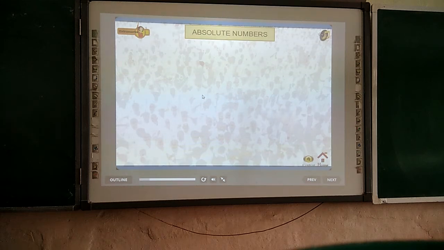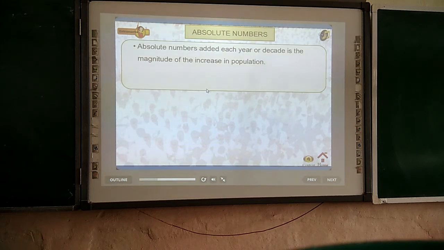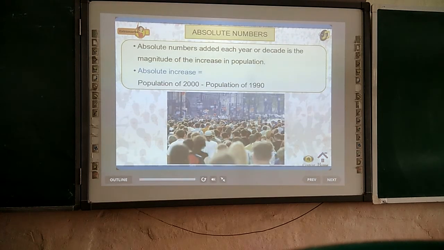Absolute numbers added each year or decade is the magnitude of the increase in population. Absolute increase is equal to population of 2000 minus the population of 1990.